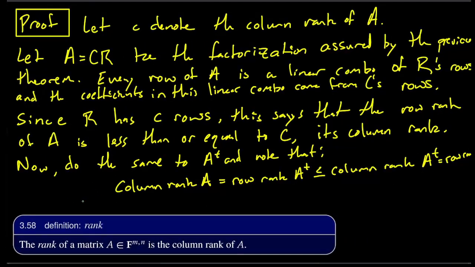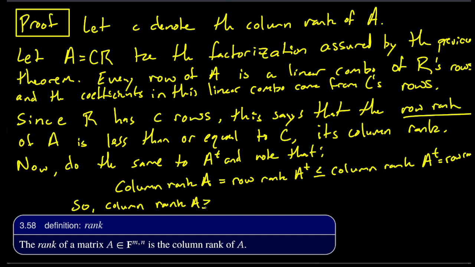But hey, so we've shown that, first off, the row rank of A is less than or equal to its column rank.